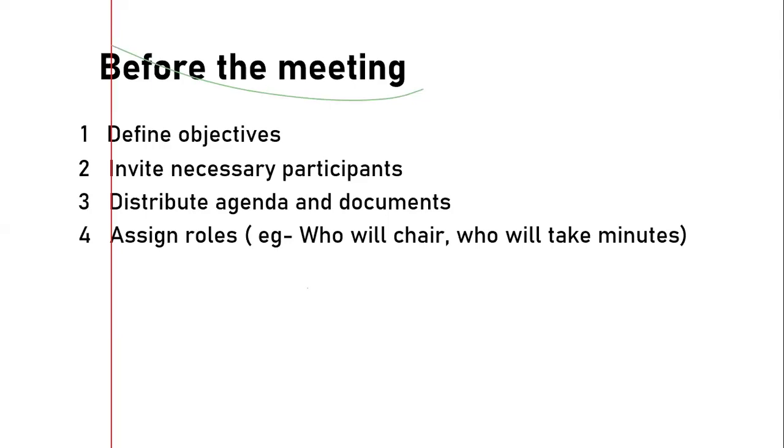So assign roles for the meeting. Who will chair the meeting? Who will take the minutes? If there is a special presentation, like a 10-15 minute presentation regarding the particular subject which is going to be talked about during the meeting, there can be a small presentation by an expert person.